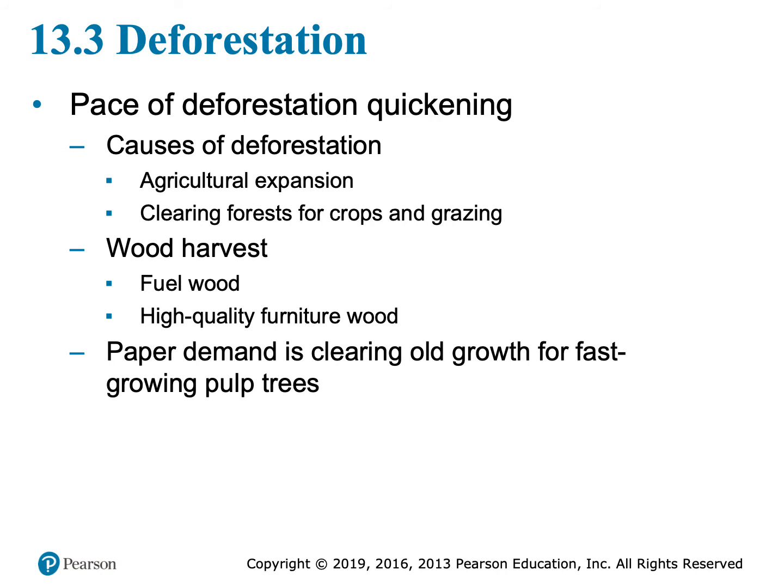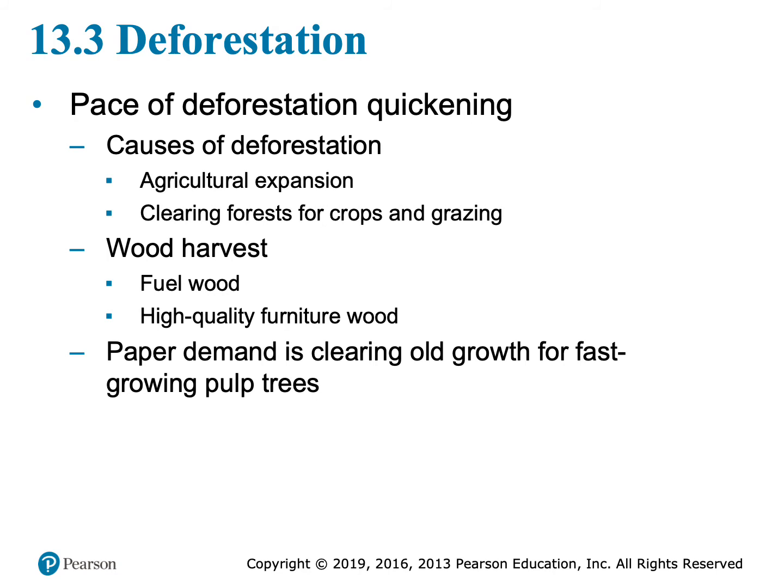As we look at the pace of deforestation quickening, we'll look at the causes of deforestation, and this takes us to your third page of your notes. We have agricultural expansion, where in tropical regions the conversion of forested land to cropland and pasture accounts for more than half of all deforestation. We have wood harvest.